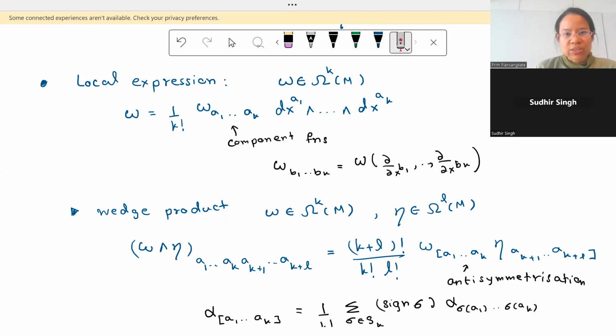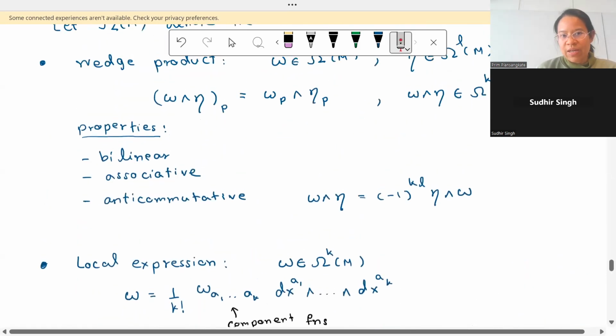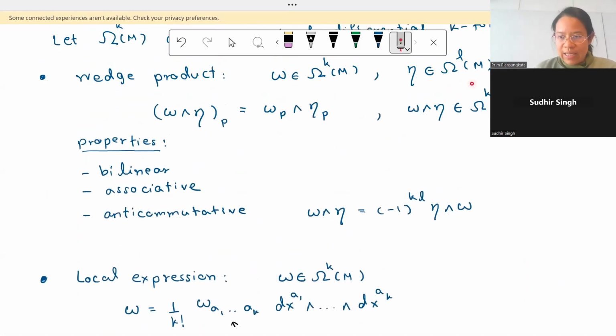these are functions, component functions. And then the wedge product of a k-form and an l-form, which we defined above here, we defined it pointwise, like this.